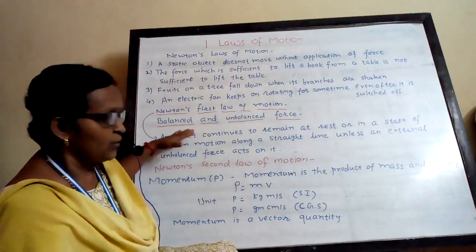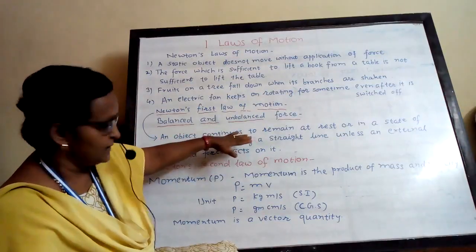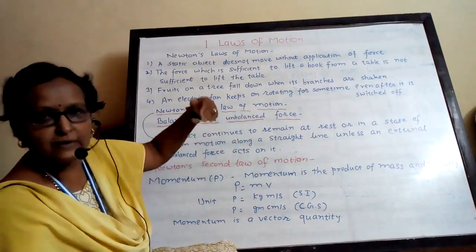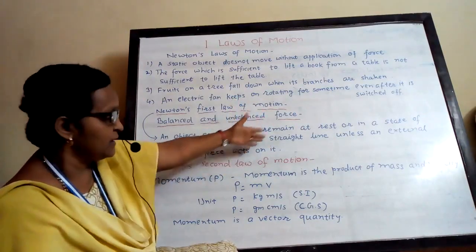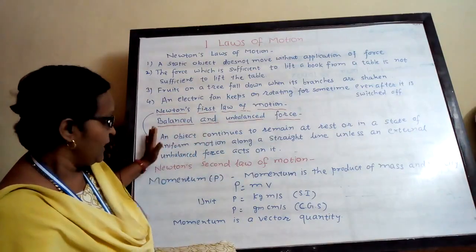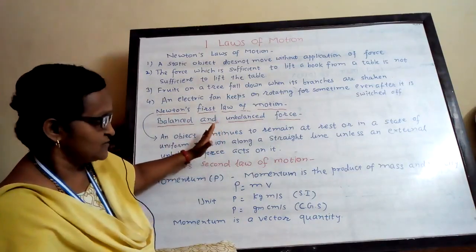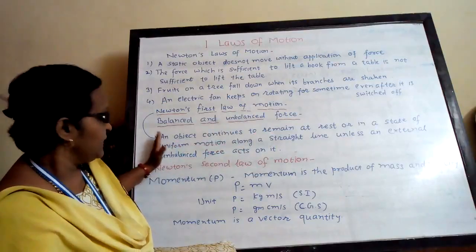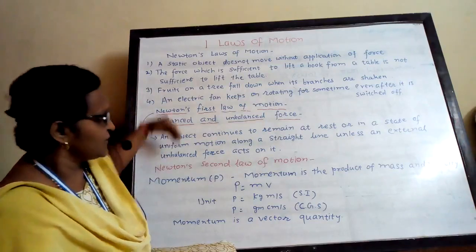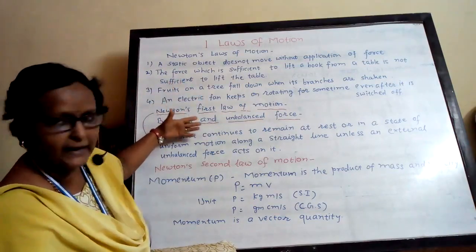If there is no unbalanced force on it, then it will remain in the state of rest, or in the state of motion in a straight line, if there are balanced forces. And if there are unbalanced forces, then and only then it will change its position. That is related to the inertia of that object.